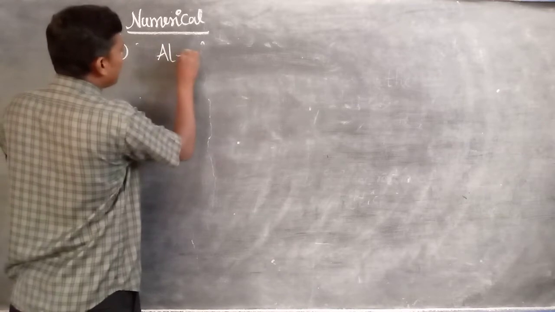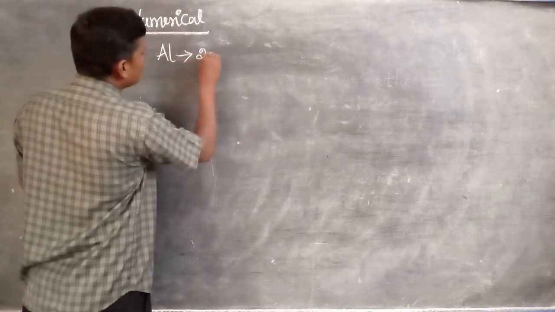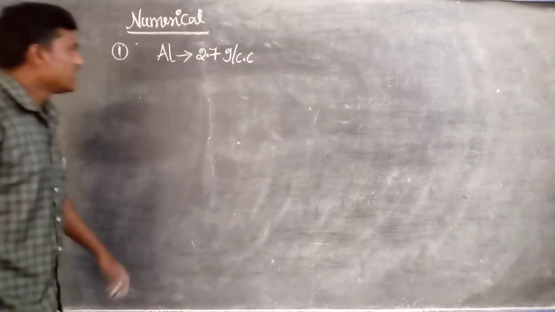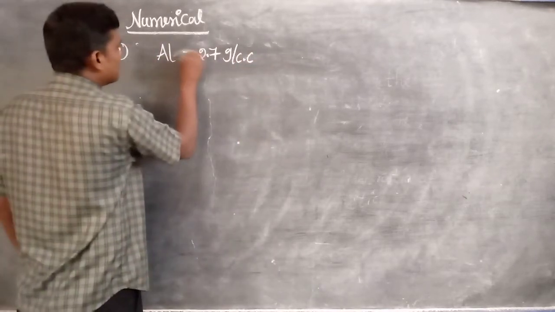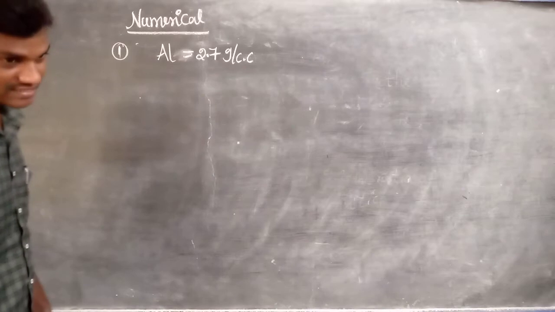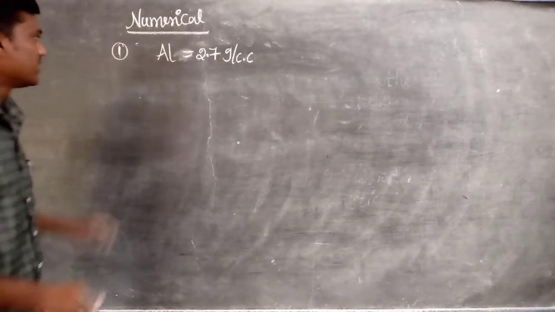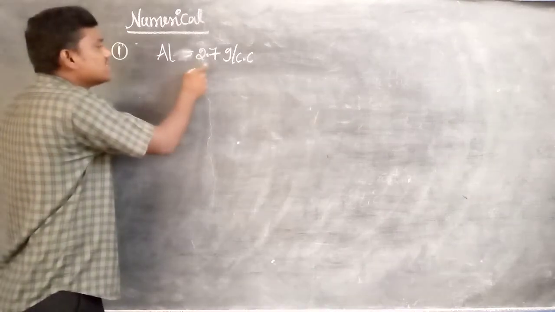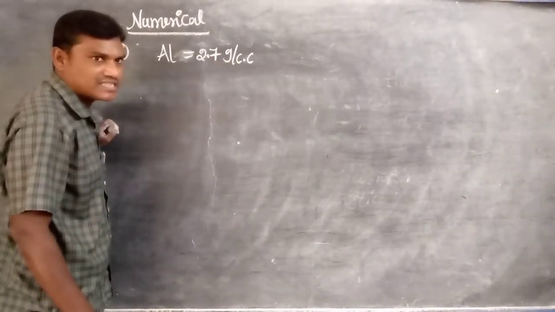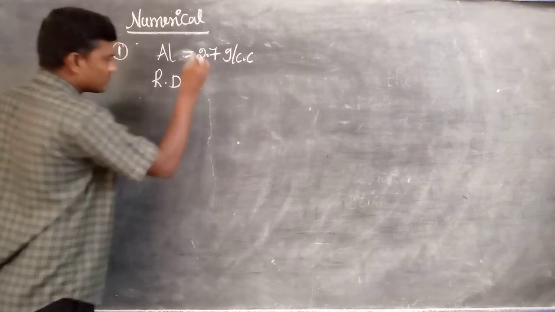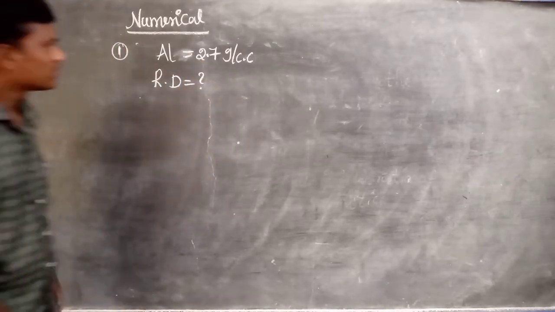Listen very carefully. The density of aluminium is 2.7 gram per cc. Find its relative density.